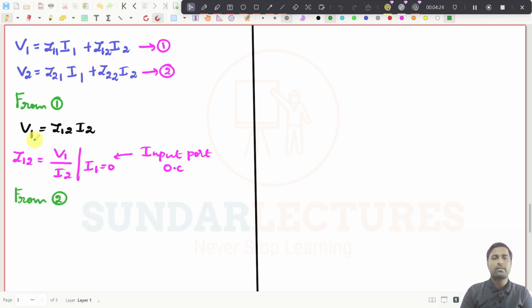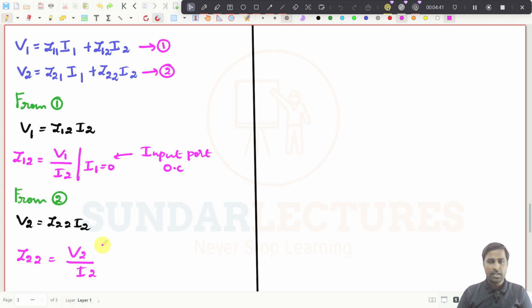From 2, this expression becomes 0. So V2 can be written as Z22 and I2. So finally, Z22 can be written as V2 by I2, and the condition is simple: I1 should be equal to 0.